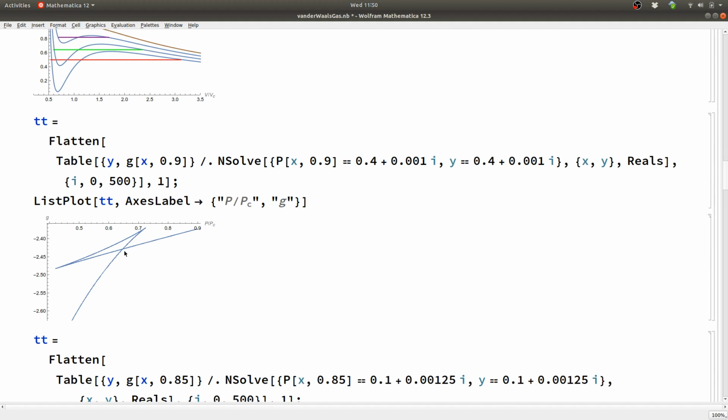If you put it here, it will just decay into this one. If you put it somewhere else here, it will come here. That's all. So the tie line is determined by the lowest value where these two things intersect, which is this point.